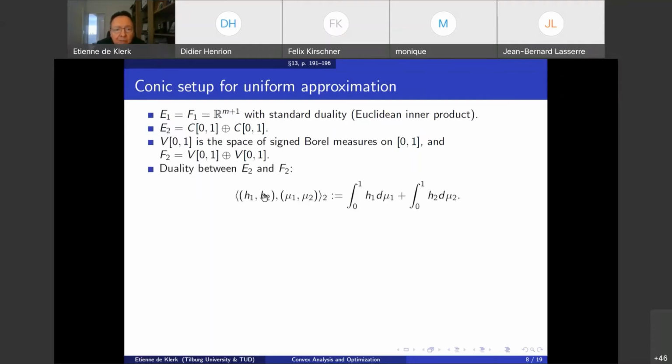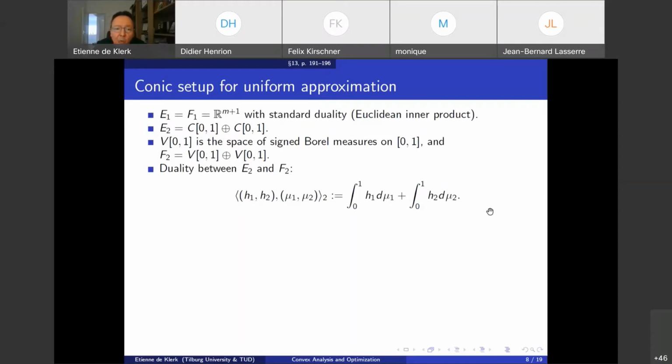Okay, so we're going to have a duality. The second duality is a duality between E2 and F2. E2 are these pairs of continuous functions, like H1 and H2, and F2 are pairs of signed Borel measures, mu1 and mu2. We define this duality as the integral of H1 with respect to the measure mu1 plus H2 with respect to the measure mu2.